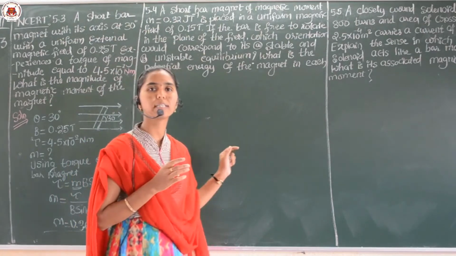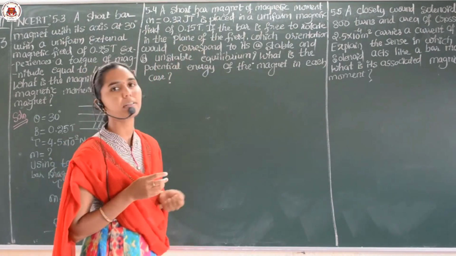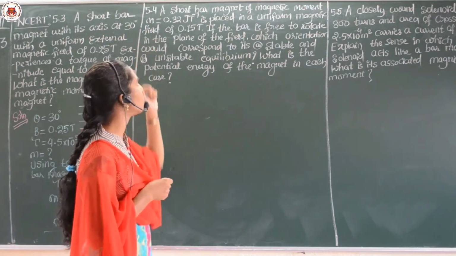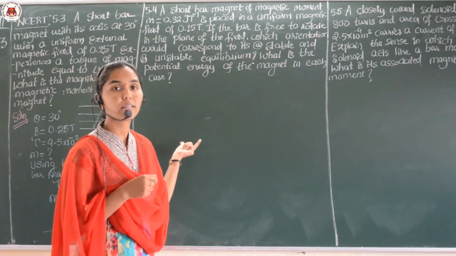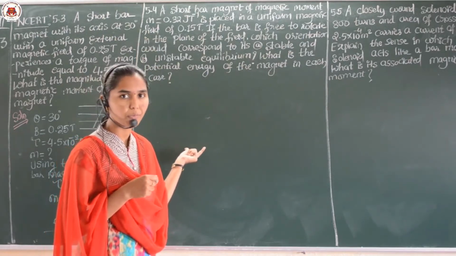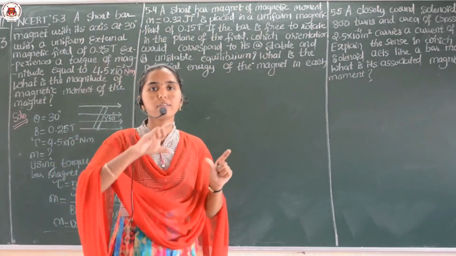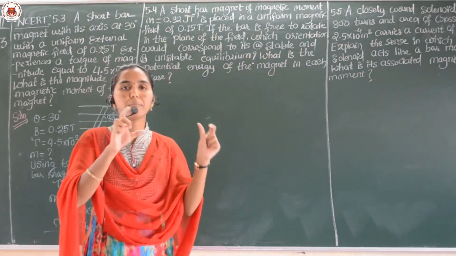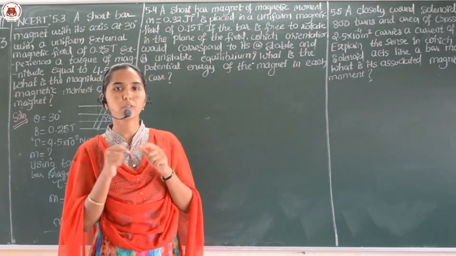I hope the question is clear. Again, there is one short bar magnet which has a magnetic moment, and the magnitude of the magnetic field is given. That bar is free to rotate from the stable position to the unstable position.